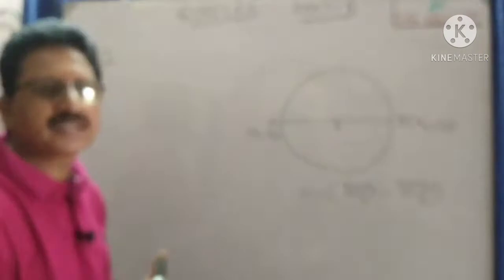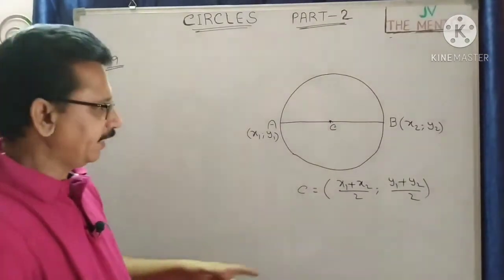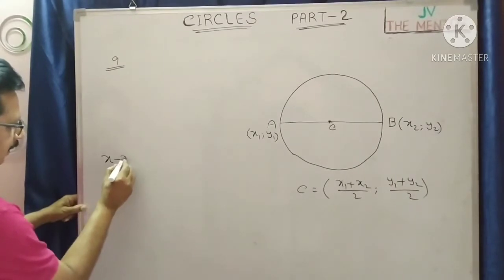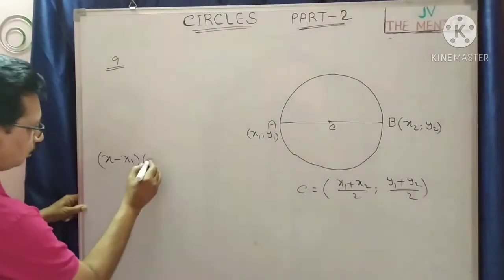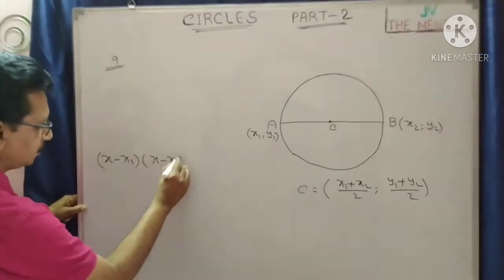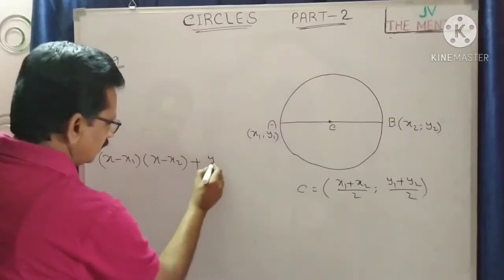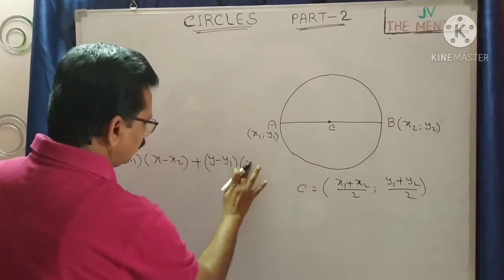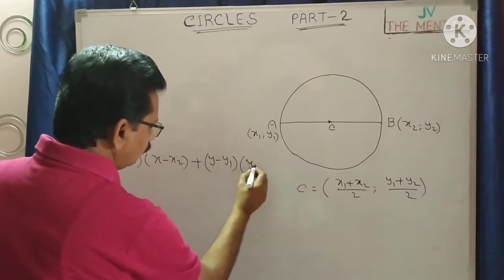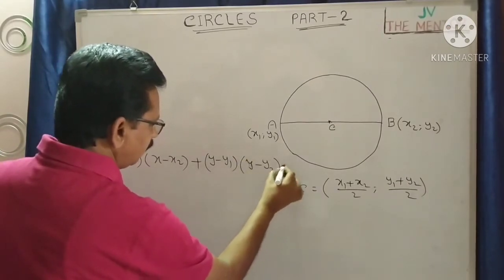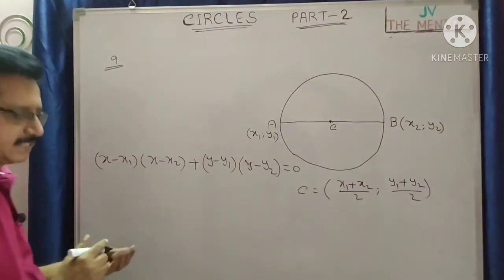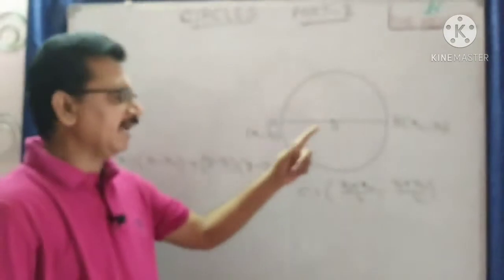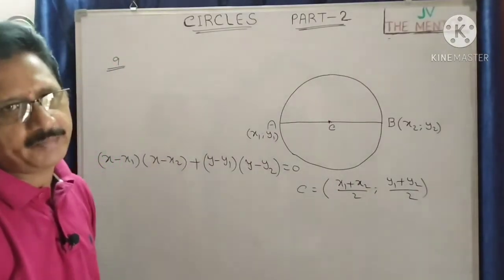And the equation of the circle is (x minus x1) into (x minus x2) plus (y minus y1) into (y minus y2) equal to 0. This is the equation of the circle having A and B as the ends of a diameter.